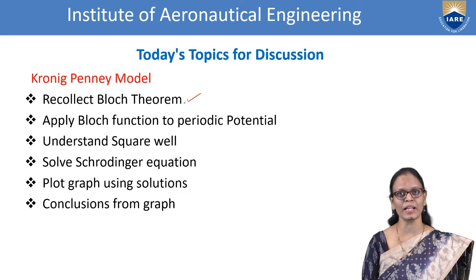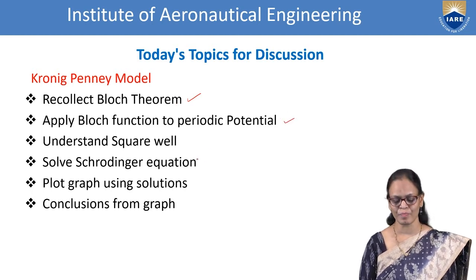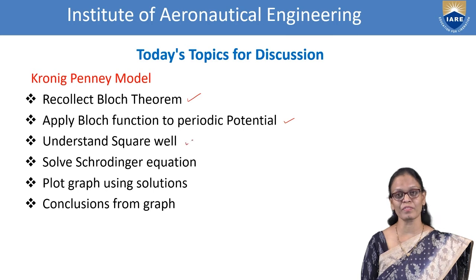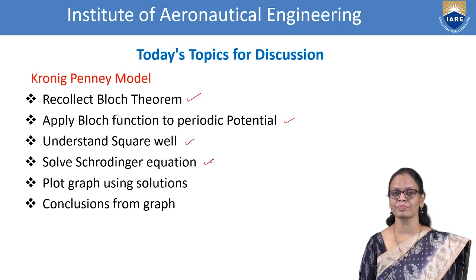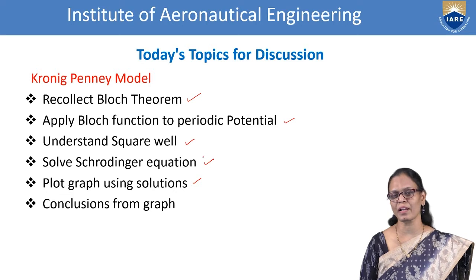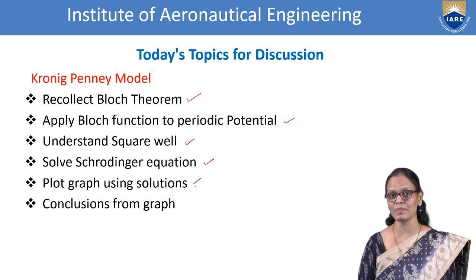So, we will recollect the Bloch theorem, and then apply the Bloch function to the periodic potential, then understand the square wells and solve the Schrödinger wave equation. Whatever solutions we get from solving the Schrödinger equation, we will plot graphs and obtain the conclusions from the graph.